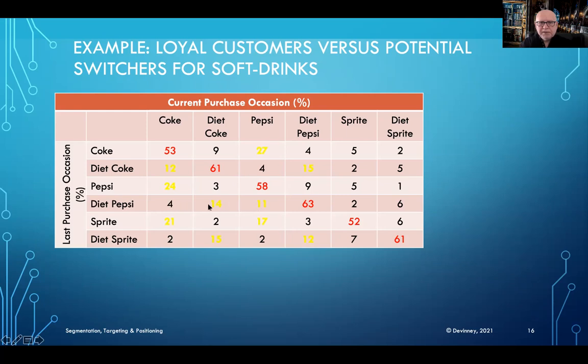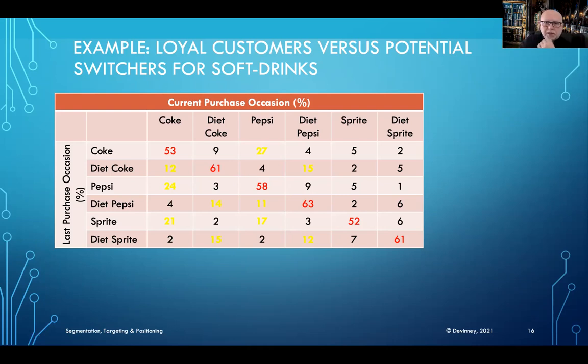Diet Pepsi has, again, 11% internal. It's very similar to that one, and 14% here, which is Diet Coke. So Diet Coke worries about Diet Pepsi, and Diet Pepsi worries about Diet Coke, right? And so you can immediately see what's driving, at least for this group right now. It's sugar, non-sugar, and it's Pepsi, Coke.